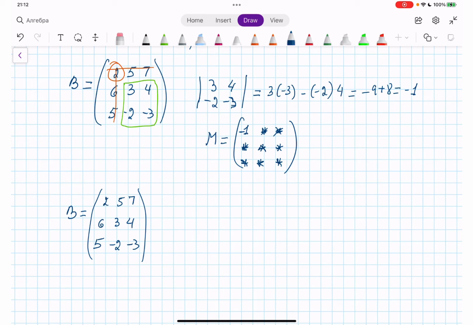The rest you can try to calculate yourself. I'm going to take the position of negative 2, and I will have 2, 7, 6, 4, correct?